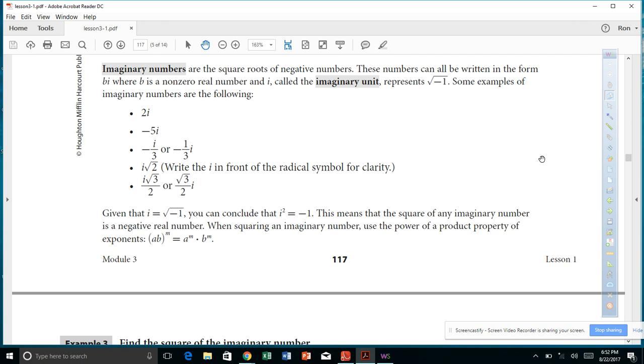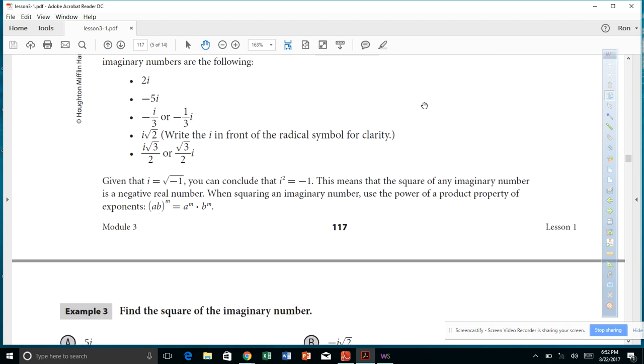Some examples of imaginary numbers are the following: 2i, negative 5i, negative i divided by 3, or negative 1/3 times i times the square root of 2, i times the square root of 3 divided by 2, or the square root of 3 divided by 2 times i.